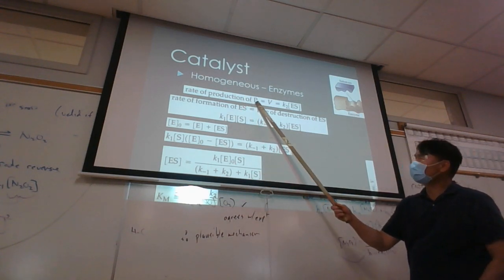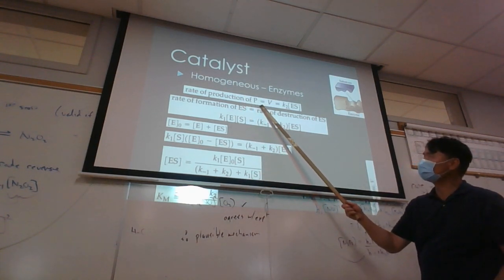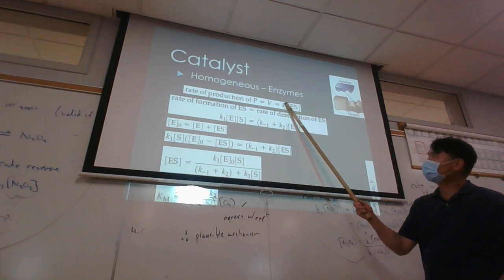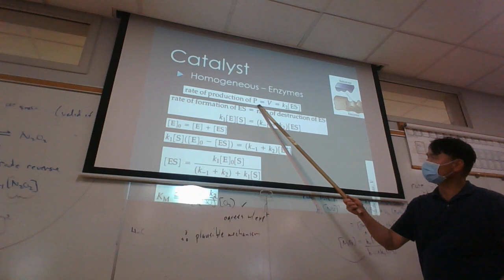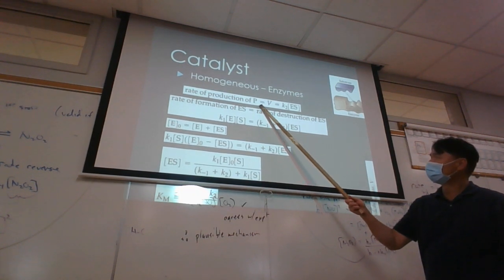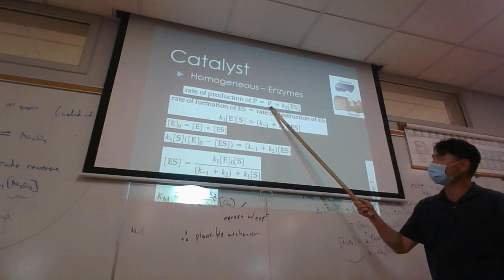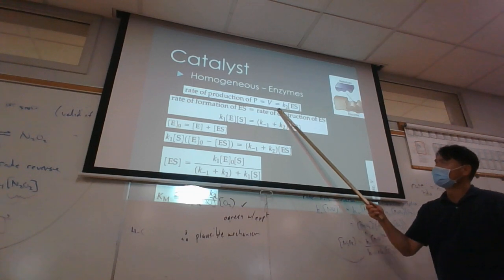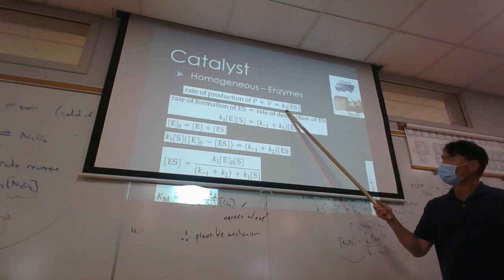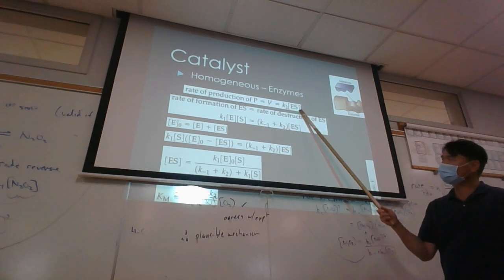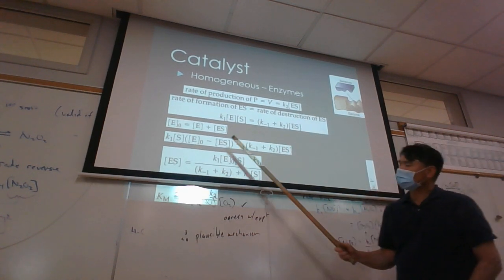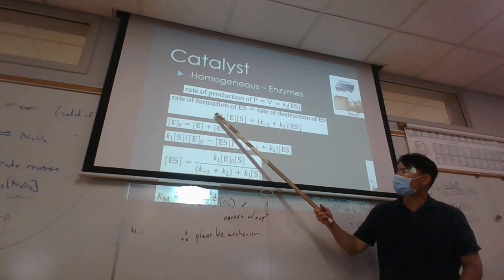So the rate of production of product depends on the second step. K2 is the slow step. And so the rate of production, that is the rate of reaction, is equal to V. V stands for the velocity, which is the same as rate, which is equal to K2 times the enzyme substrate. Well, we can't have an intermediate. So we've got to get rid of the intermediate. And so what we do is we invoke the steady state approximation.